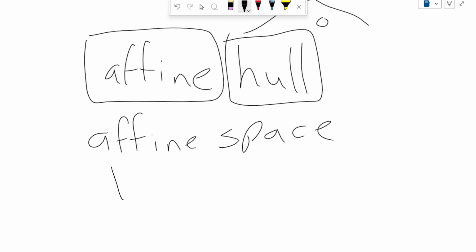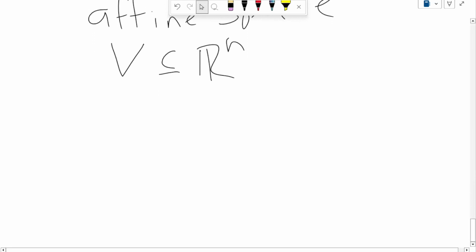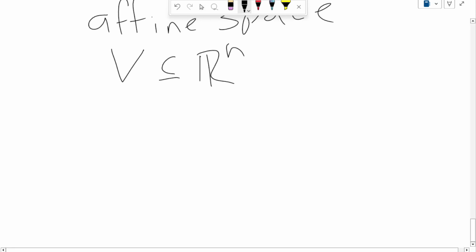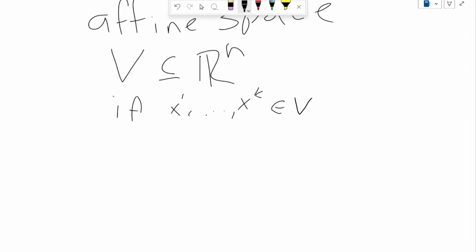An affine space is a set V that's a subset of Rn for some n, and it has the following property, namely that if x1 through xk are in V, so if these are some points in V, then any affine combination of those k points is also going to be inside your space.